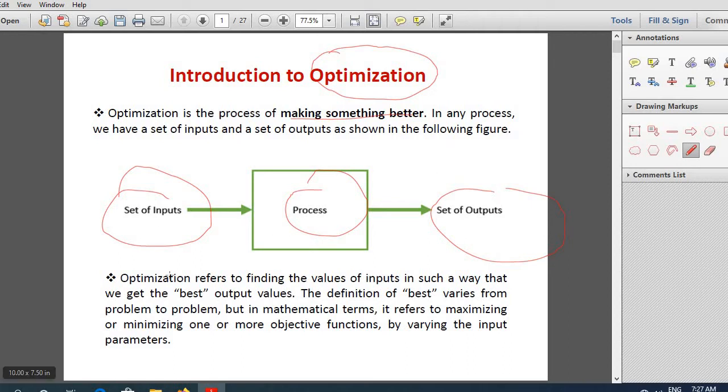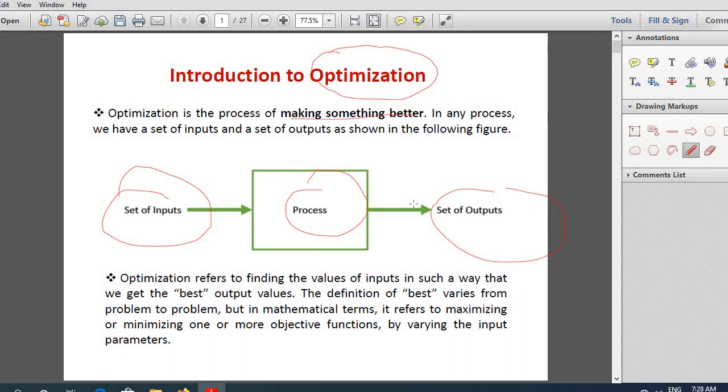Or the output can be defined in another way: what should be the combination of inputs in order to get the product with least cost?